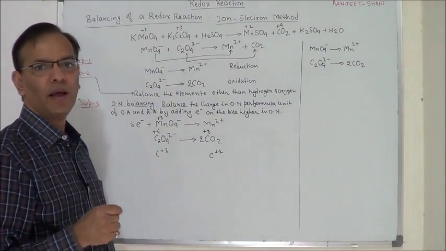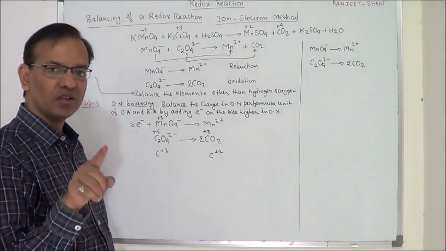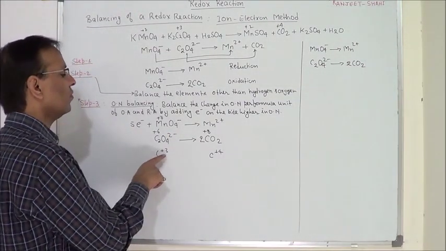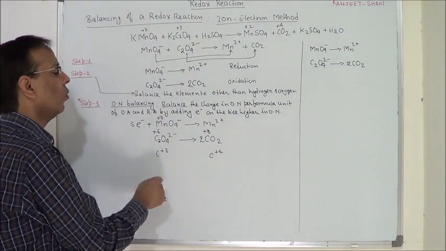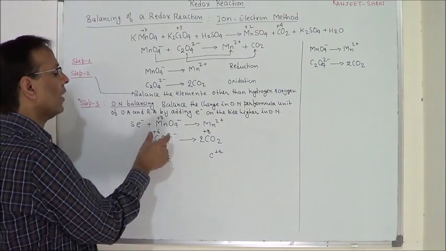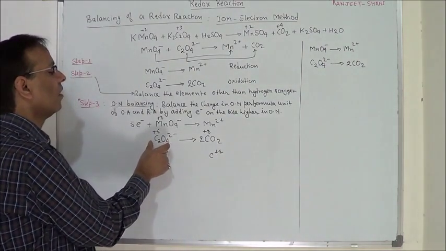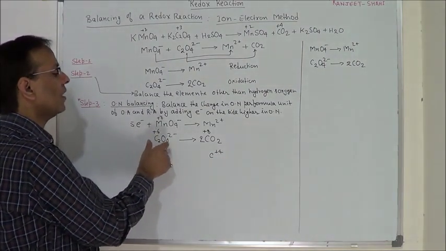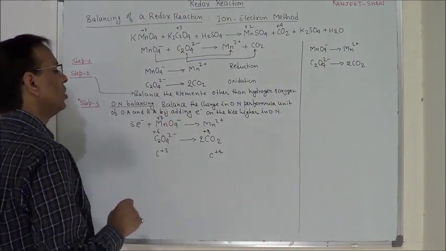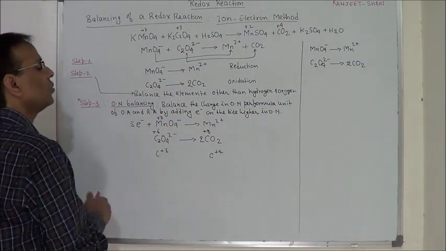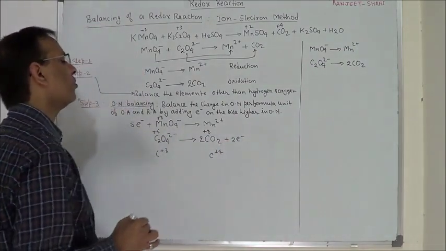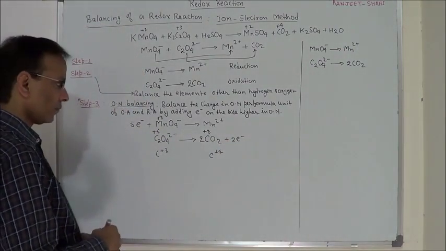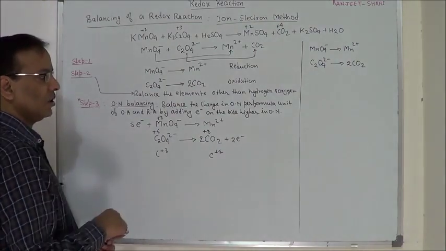Not the difference in oxidation number of a single carbon atom, which is 3 to 4, but for 1 ion of oxalate. So it is 6 to 8, so 2 electrons need to be added on the side higher in oxidation number.